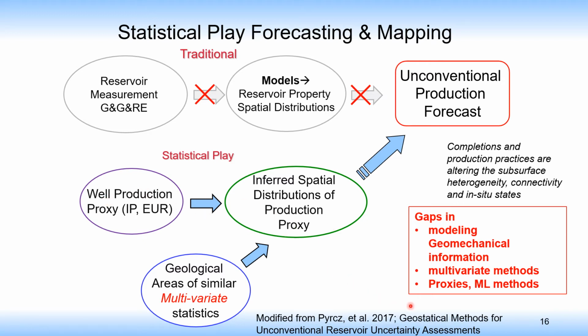So this opens up some newer methods, and yes, there are gaps in modeling geomechanical parameters, but there are new multivariate methods, and working with proxies and machine learning. This is a great opportunity here.